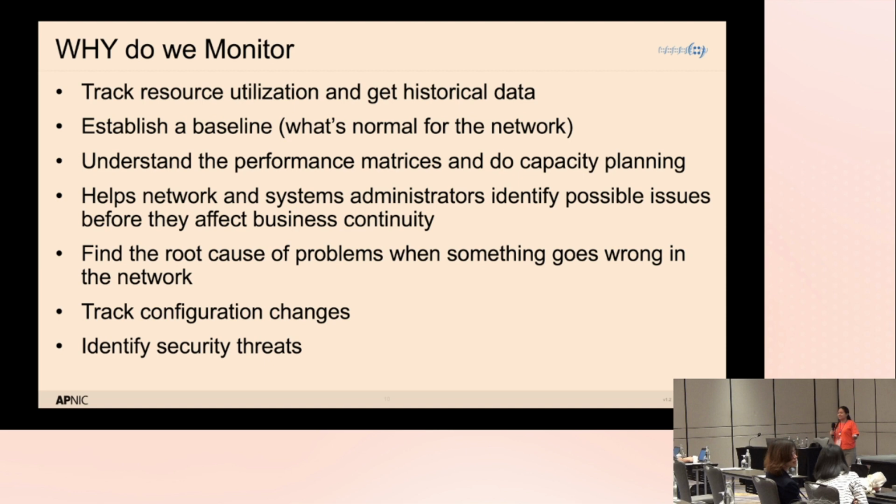Next up, understanding the performance metrics and doing capacity planning helps us to identify possible issues before they affect business continuity. This works obviously for every network, but more so if there is a lot online. If a lot of your services, for example, are available online, and a short downtime will cause a monetary loss for your company.